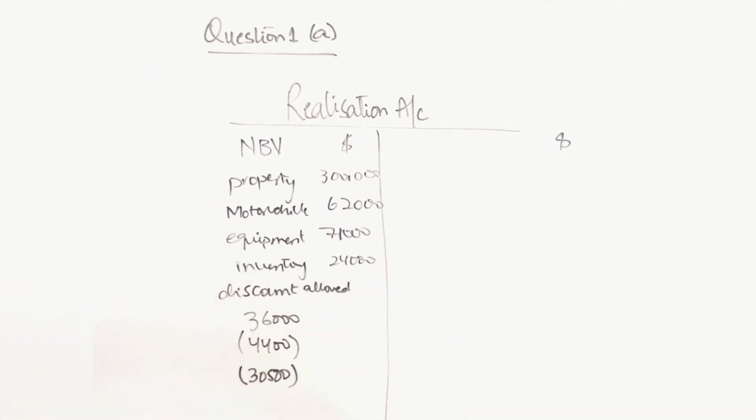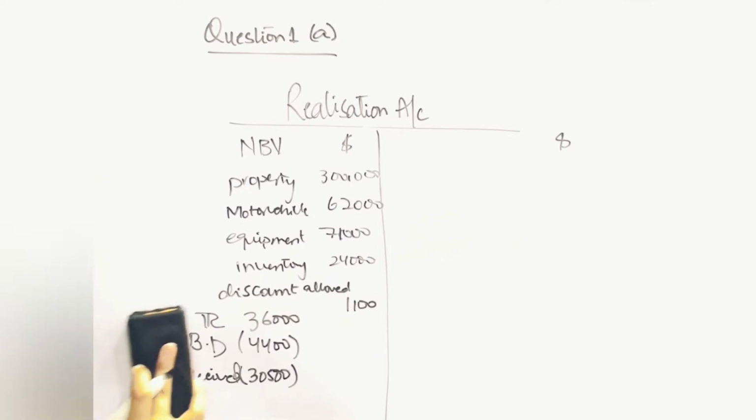So the remaining is basically discount allowed. So the amount is supposed to be 1,100 in that case. So you're supposed to write 1,100. So this was the working to show you. These were the total trade receivable. This was the bad debt and this was actually received. So the remaining amount is going to be discount allowed, and that is supposed to be 1,100.